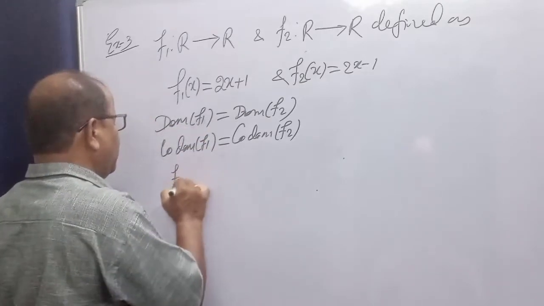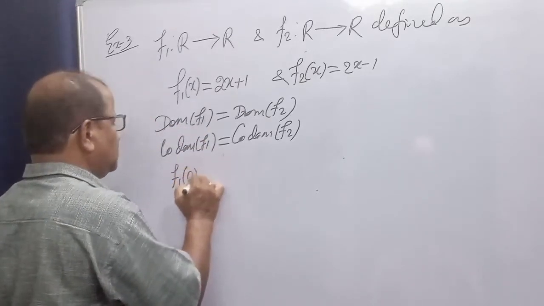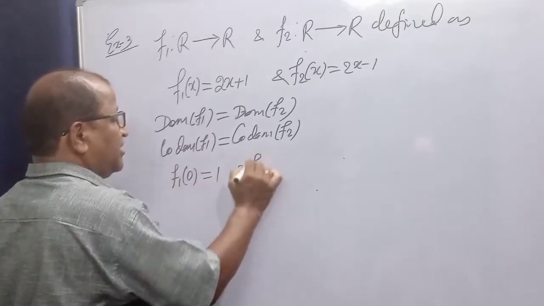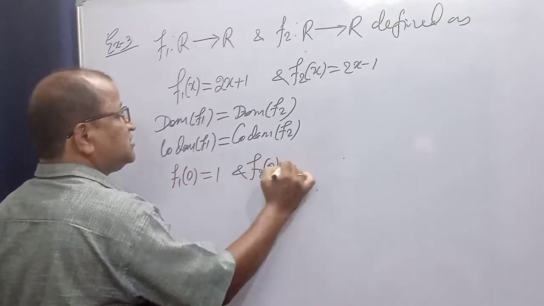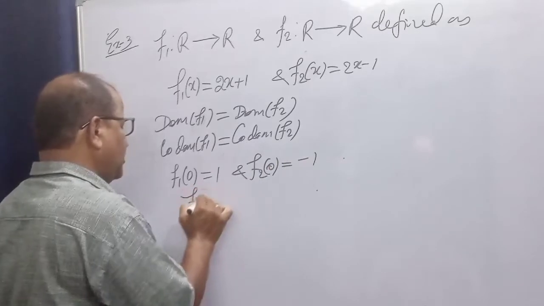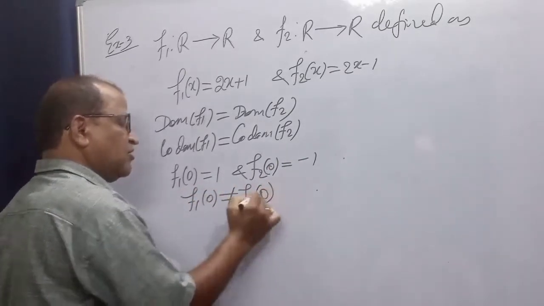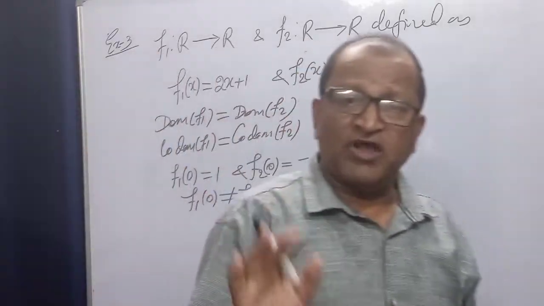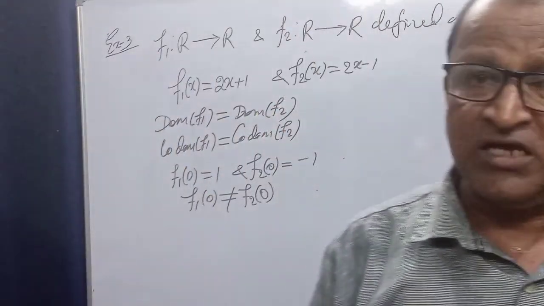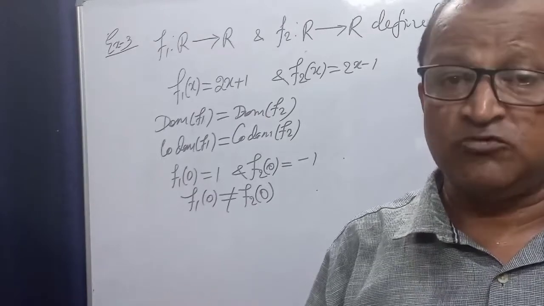Suppose f1(0) is 1, and f2(0) is minus 1. Here f1(0) is not equal to f2(0). What is our definition? f1(x) should be equal to f2(x) for all x belonging to the domain.